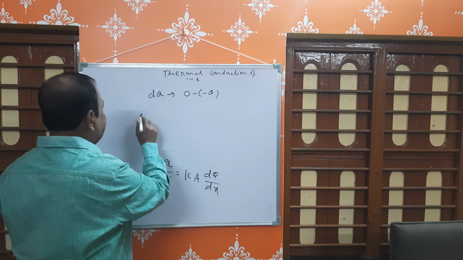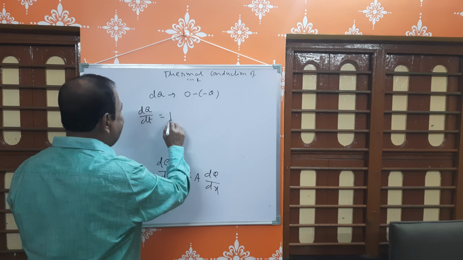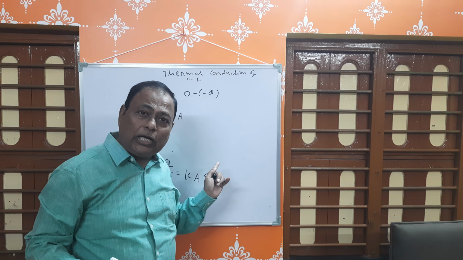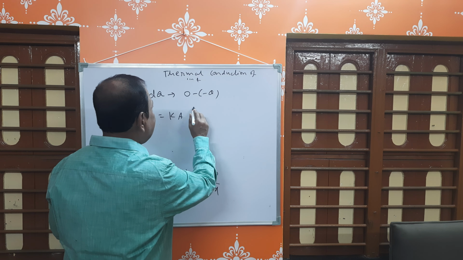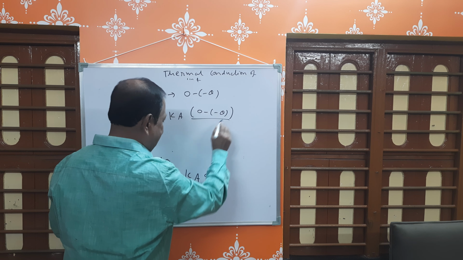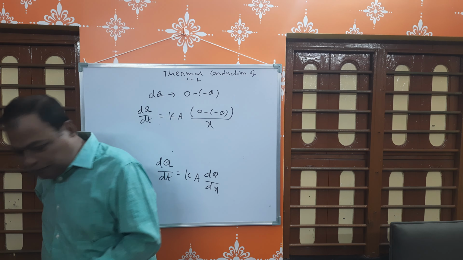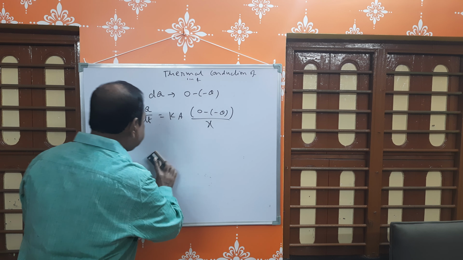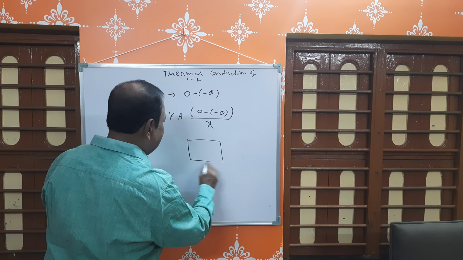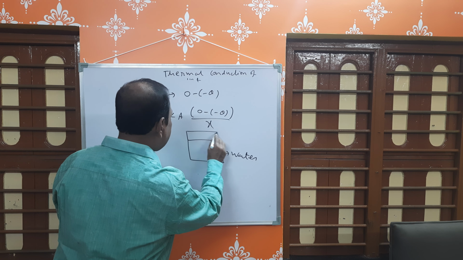So dq/dt is equal to k A, where A is the area of cross section of the ice, k is the thermal conductivity, d theta means 0 minus theta, by the thickness of the ice formed, which is X.